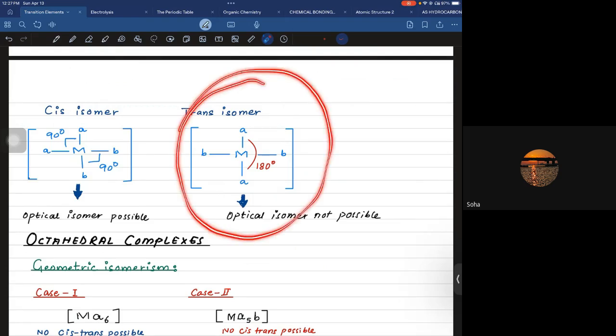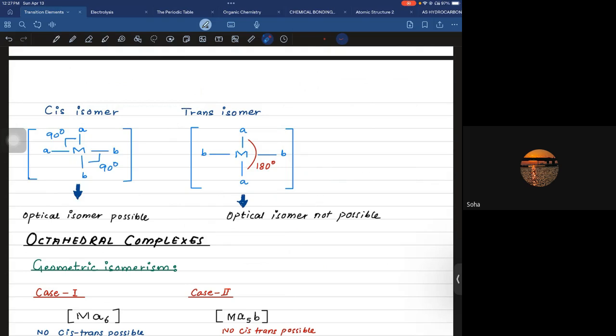What is the mirror image of this? Listen very carefully. I'm writing down the mirror image. This is the mirror, and this is the mirror image of this. Yes or no? Am I right?